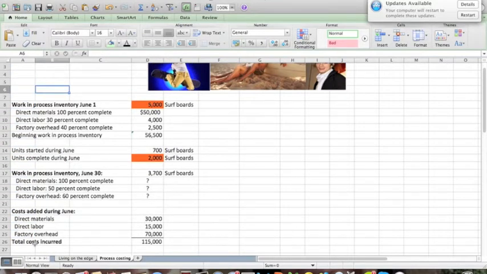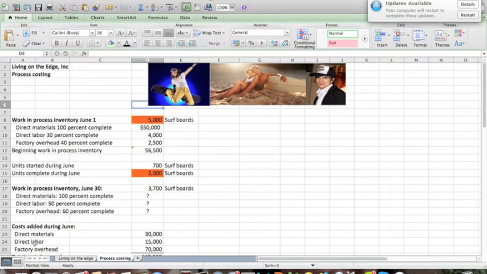Now, the way this process works is I'm starting with 5,000 surfboards in my inventory, and my inventory currently consists of $50,000 of 100% complete stuff. My labor is $4,000 here, is 30% complete, and factory overhead is $2,500 and is 40% complete.